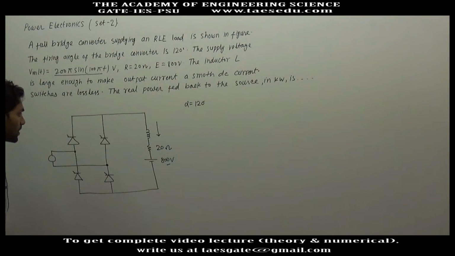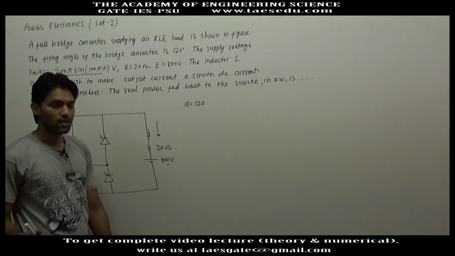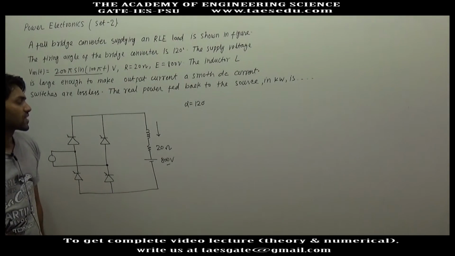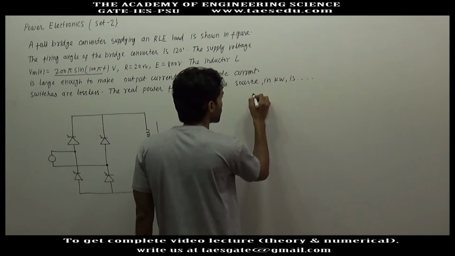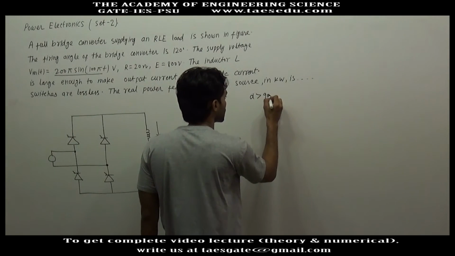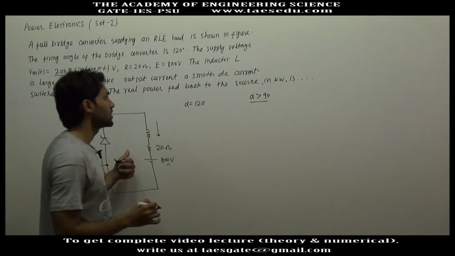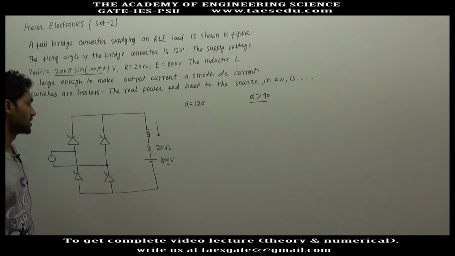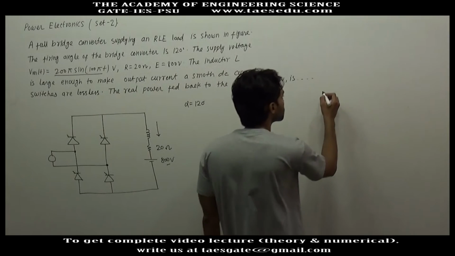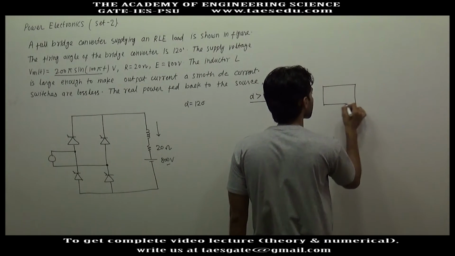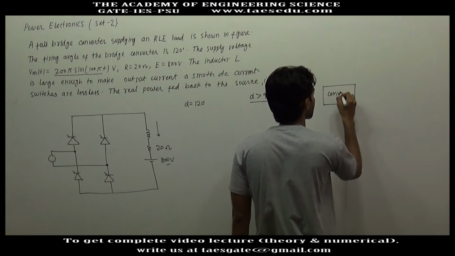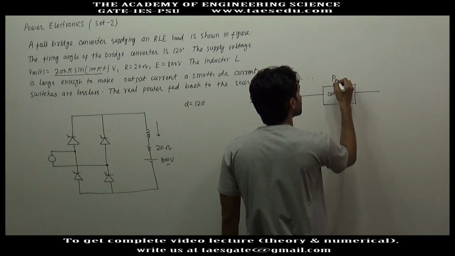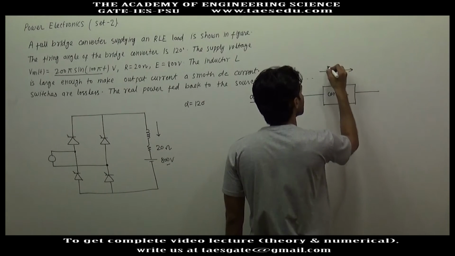Okay, and in full bridge converter and also in three-phase full bridge converter, this is single phase, we have studied that if alpha is greater than 90 degree, this converter is operated as an inverter circuit. It means in a converter circuit, what we expect is that real power will flow from AC to DC.